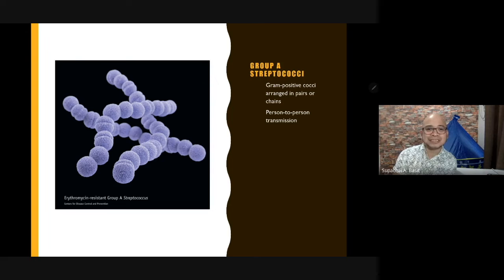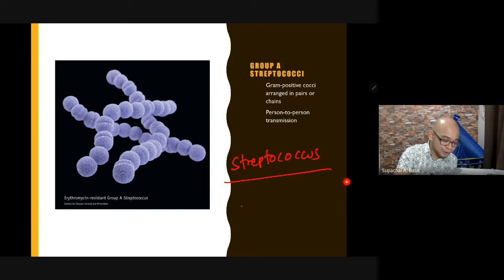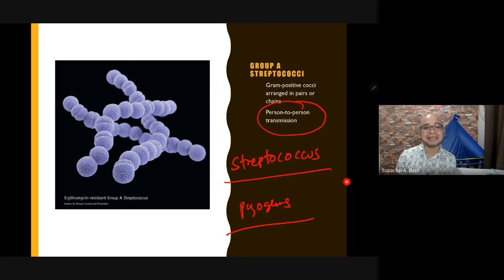And one of them is group A streptococci, and our representative organism for group A streptococci is Streptococcus pyogenes. It is a gram-positive cocci arranged in pairs or in chains, and person-to-person transmission is even possible.